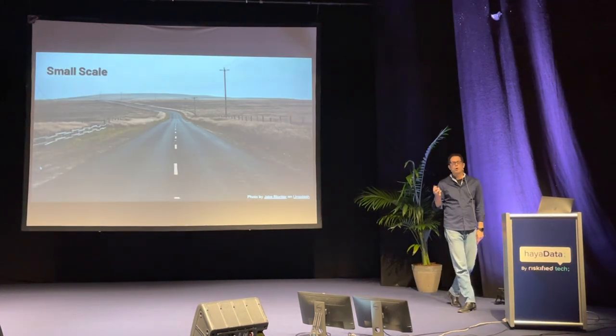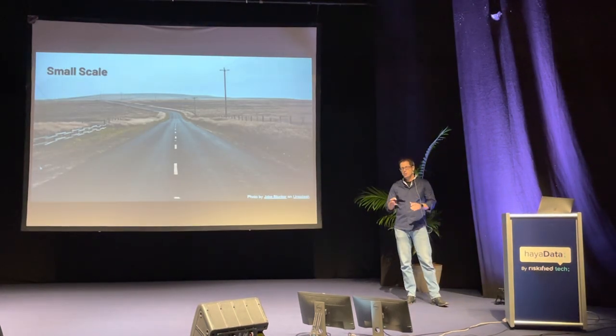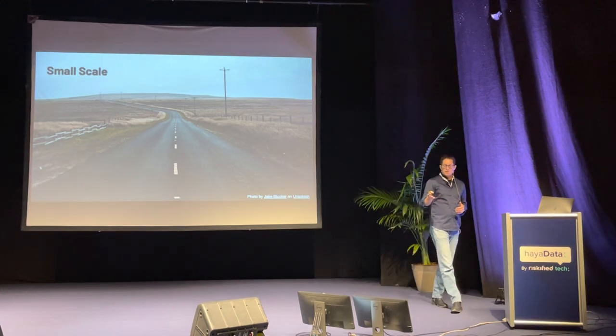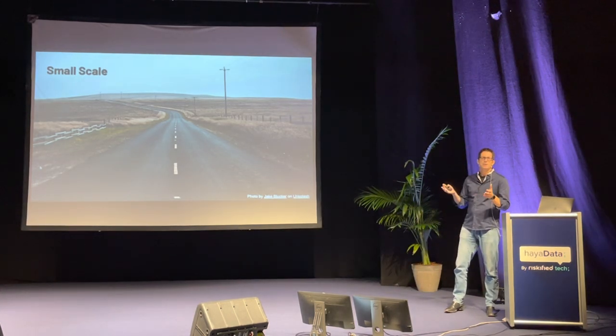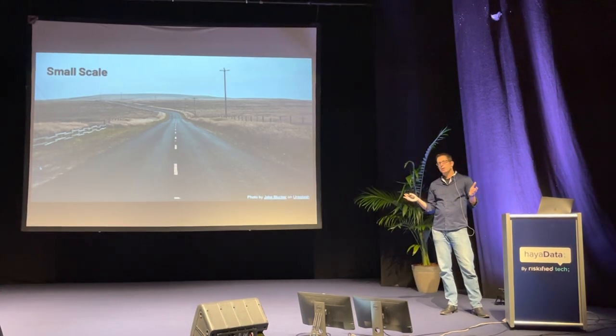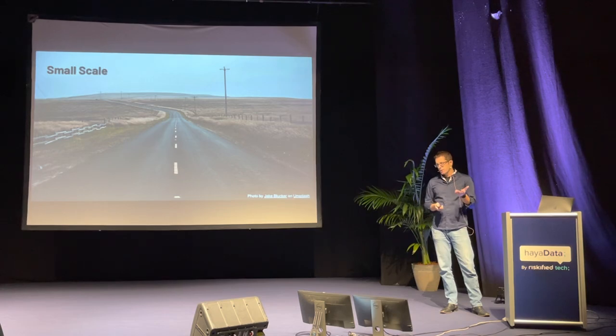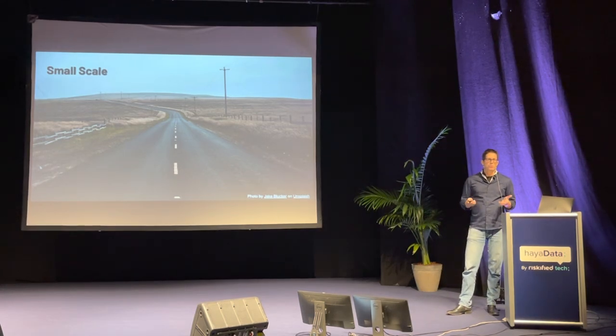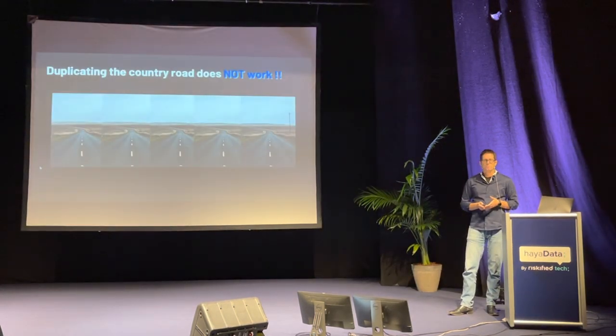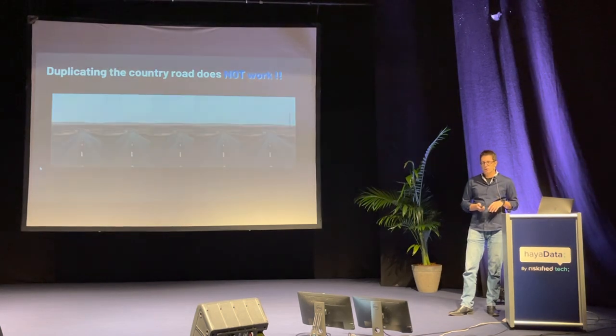If we look at a small scale country road, just a simple road, you can see it's a simple road that handles traffic well, just 2 lanes and a divider line. If we have more and more traffic and we want to scale it up, the common sense approach would be to maybe duplicate this road, but this will not really work.